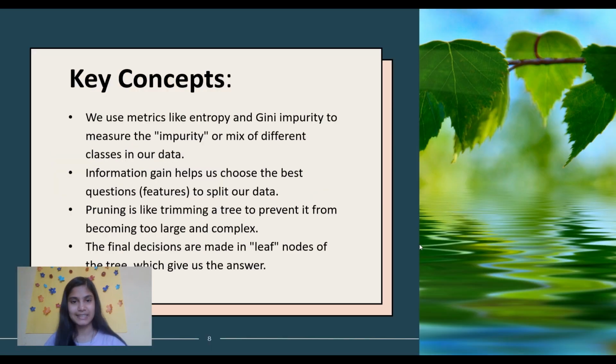Now let's go to the next slide. What are the key concepts of this decision tree learning algorithm? So we use metrics like entropy and Gini impurity to measure the impurity or mix of different classes in our data. Okay, now next thing is information gain, which helps us choose the best questions, that is features, to split our data.